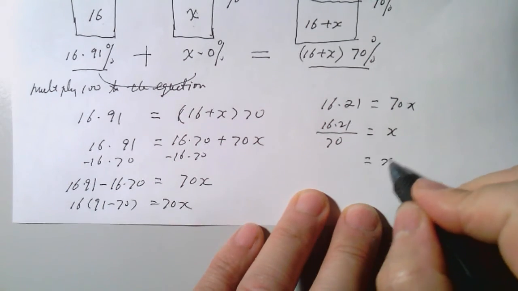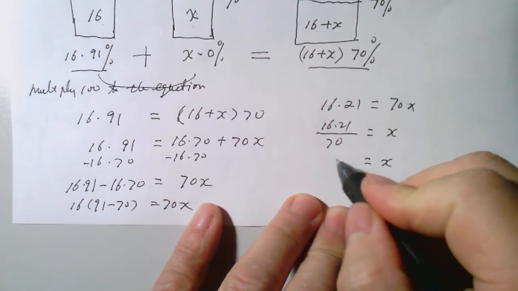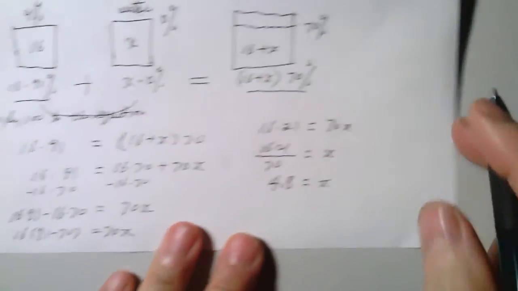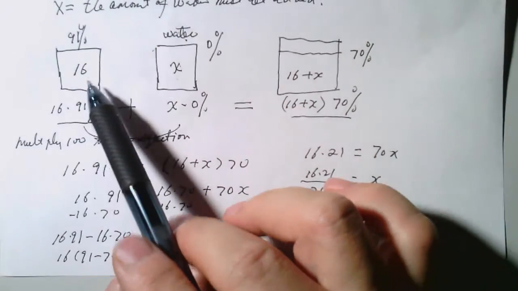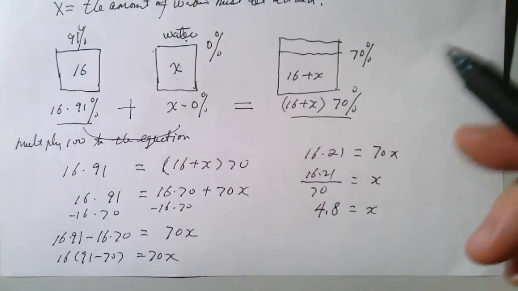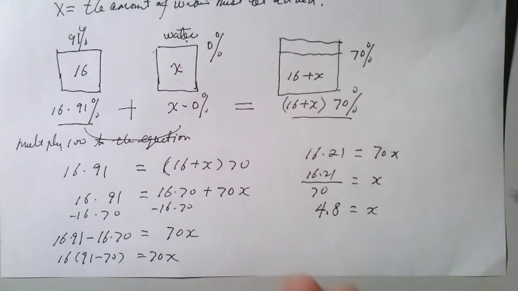I find x equals 4.8. That means you add 4.8 ounces of water to the 16 ounces of 91% rubbing alcohol, and you're going to get 70% rubbing alcohol.